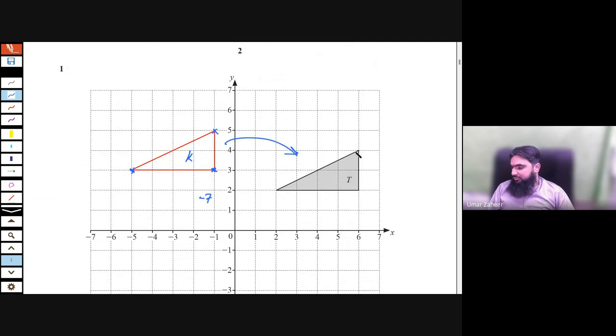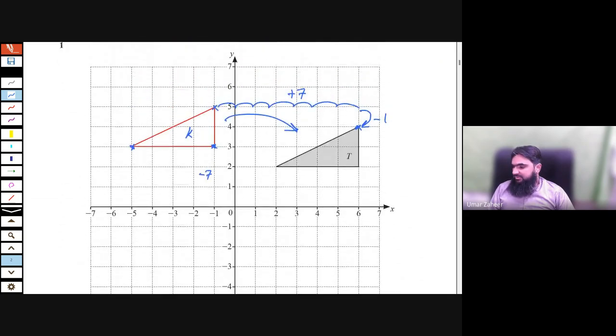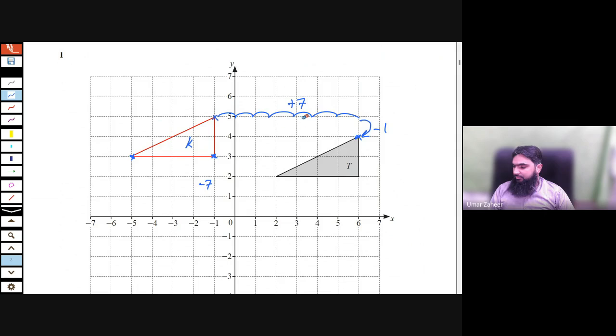Let's choose these 2 points. So 1, 2, 3, 4, 5, 6, 7. You are moving 7 places towards the right side, so it will be positive 7. One place downward means it is going to be minus 1. So this will be plus 7 and minus 1. So this is the translation from K to T.